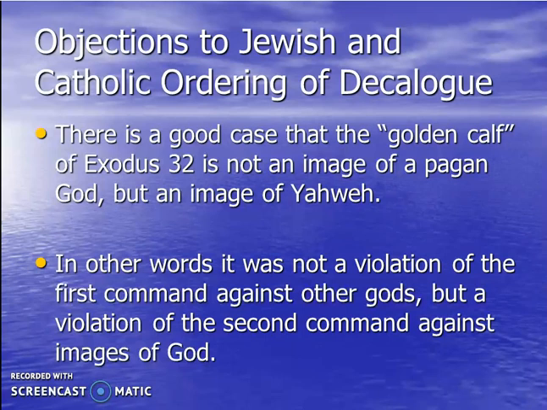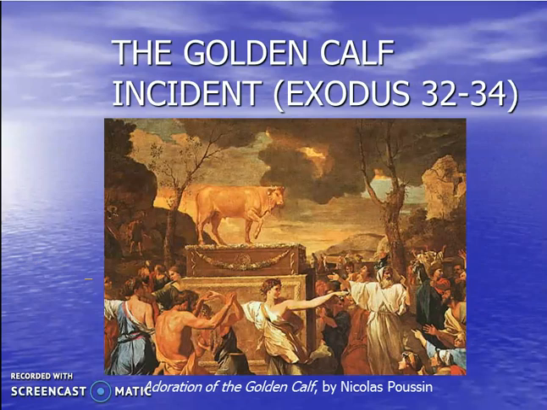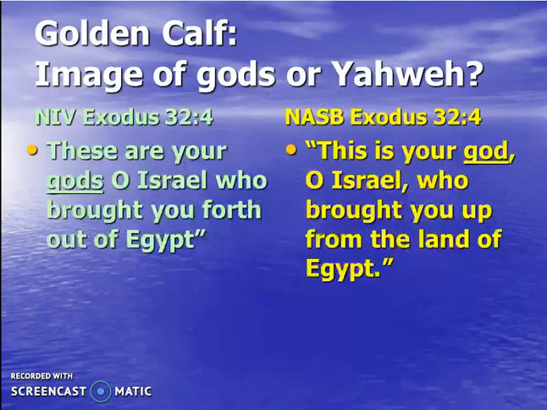The golden calf is an image of Yahweh. In other words, the Israelites were violating not the first commandment, no other god before me, but the second commandment, you're not to make an image of anything in heaven above or earth below, and so on and so forth. Let me elaborate on that.